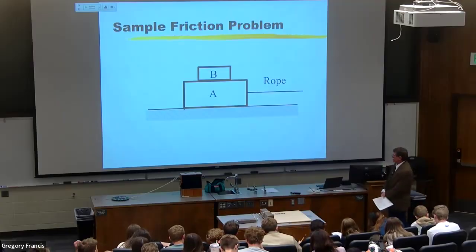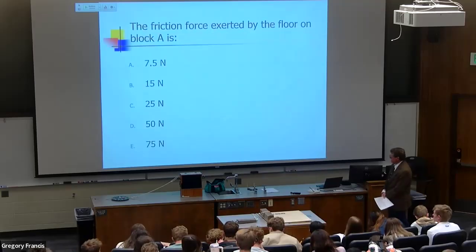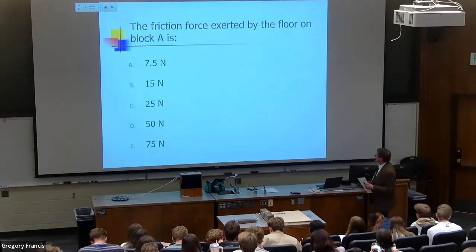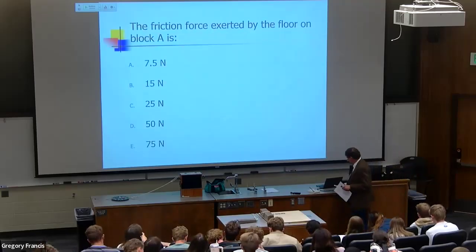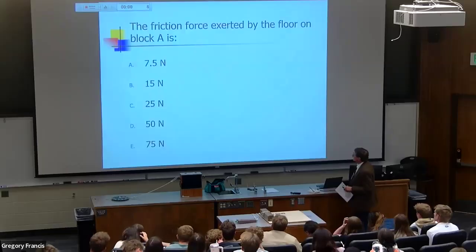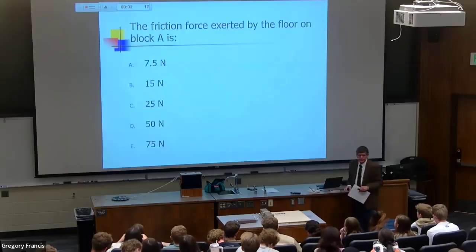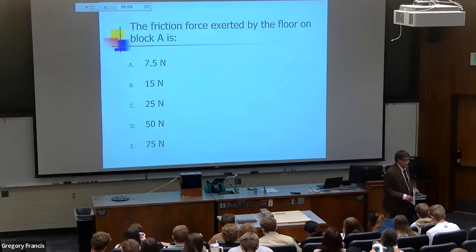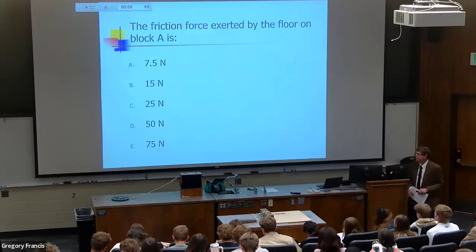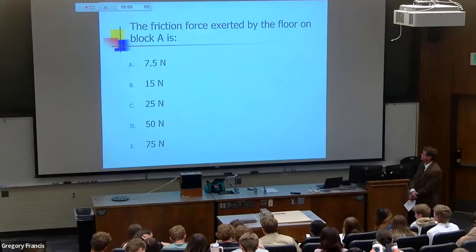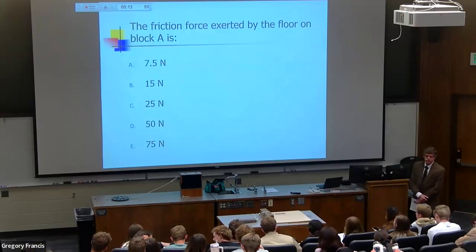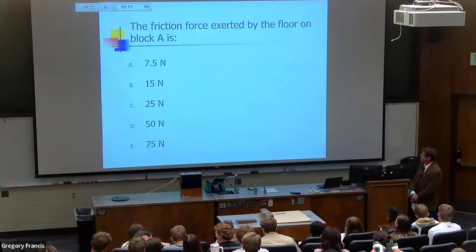Okay, let's talk about parts A and B. The friction force exerted by the floor on the block A is, use your clicker. Tell me what you got for an answer. Remember, this is the easy kind of friction.